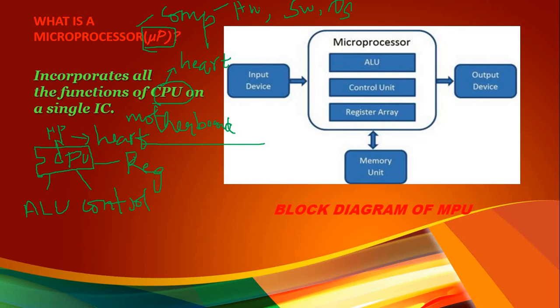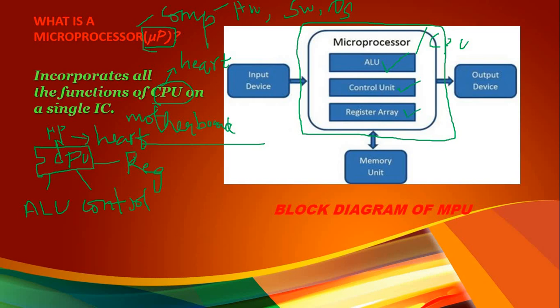See, this is a diagram of a basic MPU, that is, microprocessor unit. While seeing this, you may remember that this is a block diagram of a CPU, because the microprocessor is otherwise known as the central processing unit. It has an ALU, a control unit, and registers or arrays.